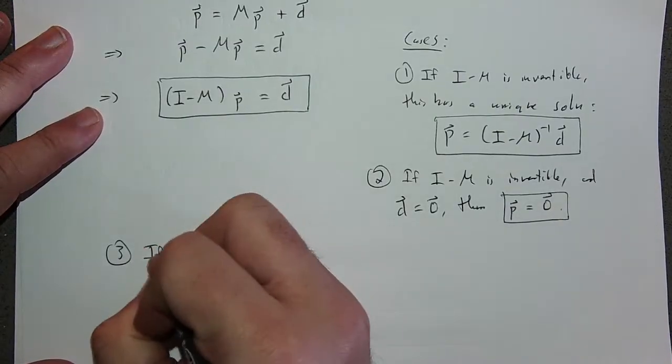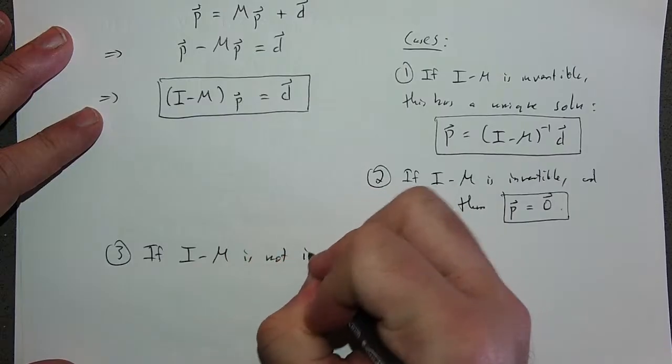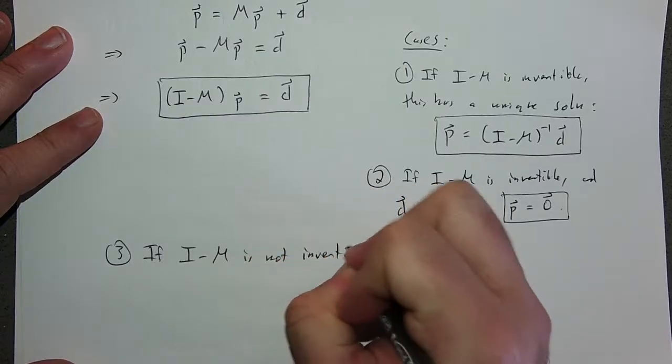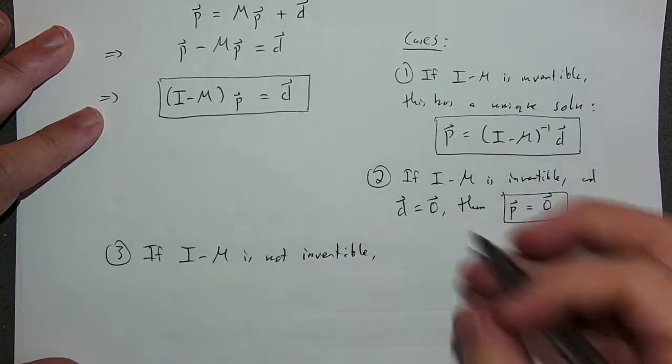If I minus M is not invertible, then this may have none or infinitely many solutions.